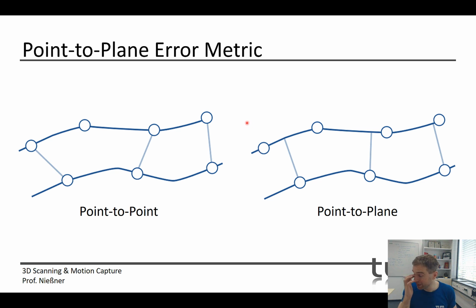The correspondence search is still the same, so you're still finding the closest point, but instead of minimizing the distance between these two points, you now compute the point here, you get the normal, and you optimize the projection on this plane that is given by the normal. And this is significantly better because if you have two planes, we allow the sliding across the planes.